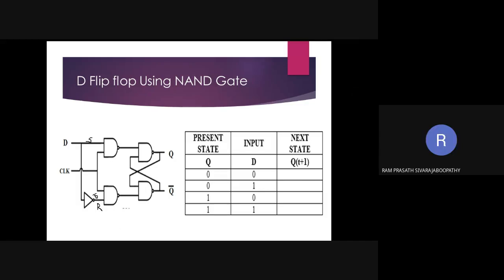So now it works as a D flip flop. For the D flip flop, whatever input we give comes at the output, in the next state. Clear? So 0 1 0 1. With present state 0 and input 0, when you enable the clock, 0 gets stored. If you give 0 1, then 1 gets stored, and if you give 1 0, then 0 gets stored. Irrespective of the present state, whatever input we give comes as it is at the output in the next state.